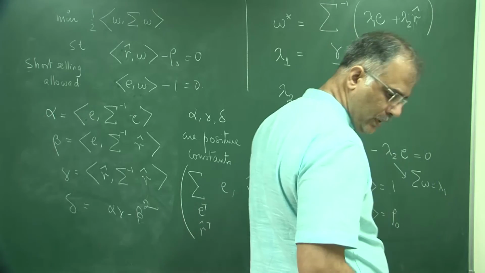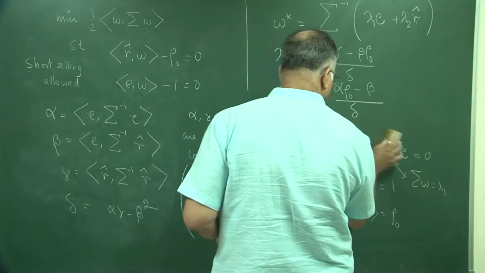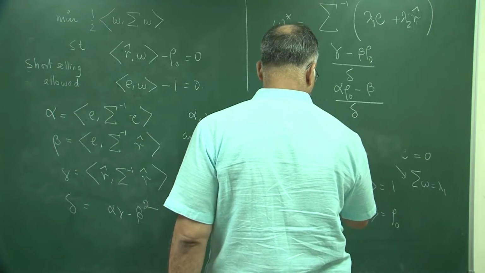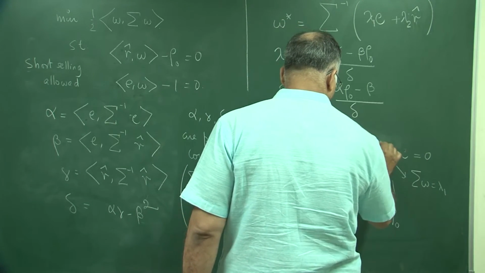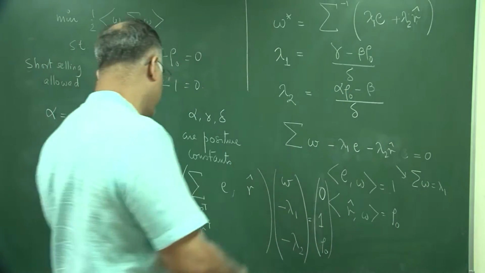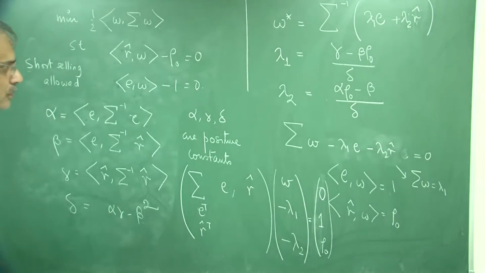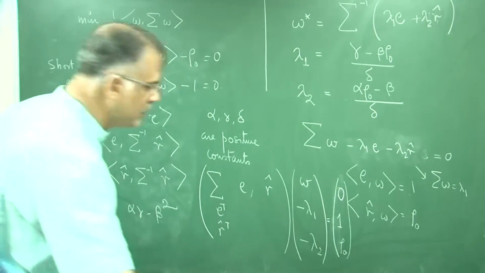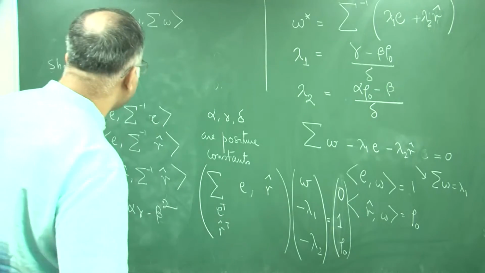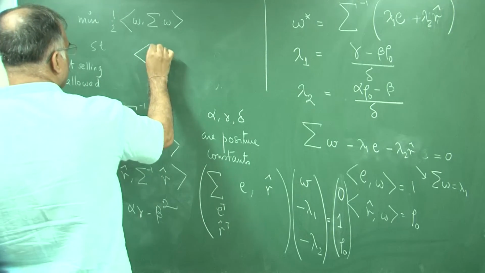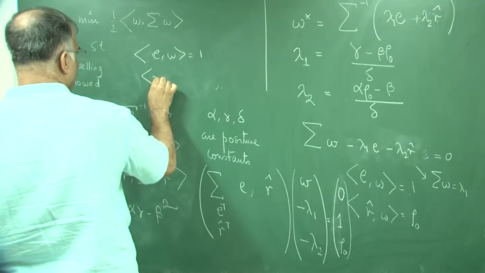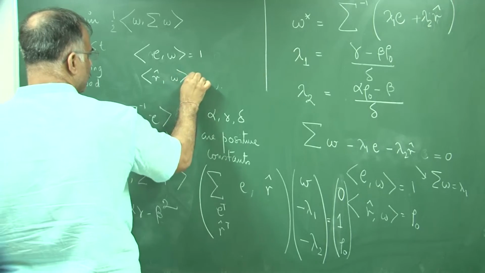I think I have written it in a slightly different way. I have put the Lagrangian as lambda 1 E minus lambda 2 R hat. This equation can be changed, because in my writing I had just reversed this. I actually had E W equal to 1 and R hat W equal to rho naught.